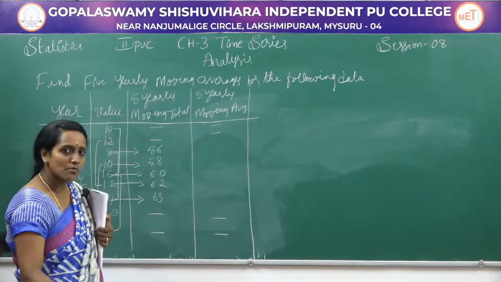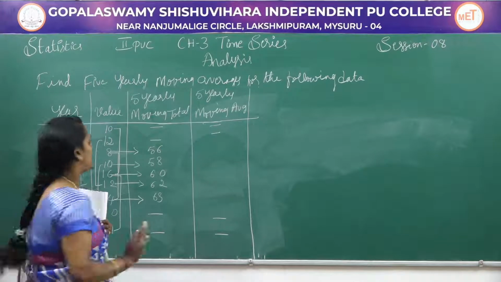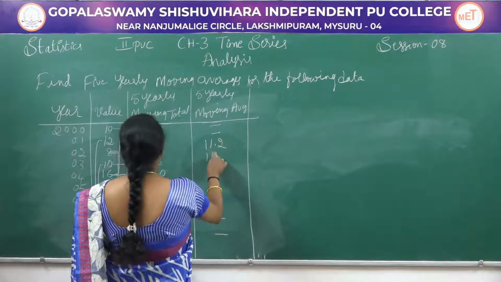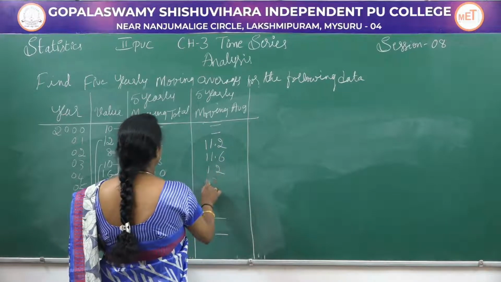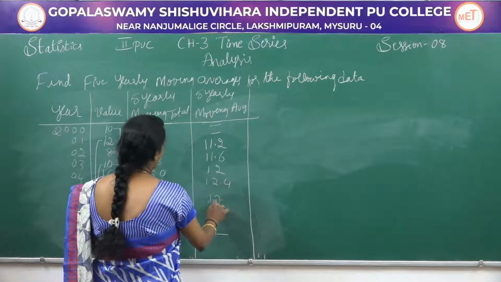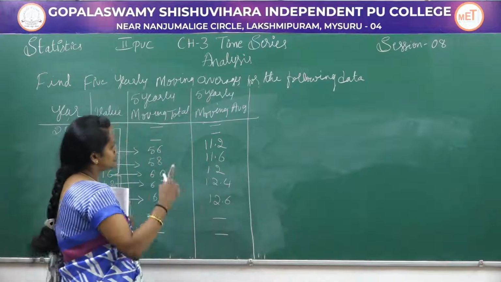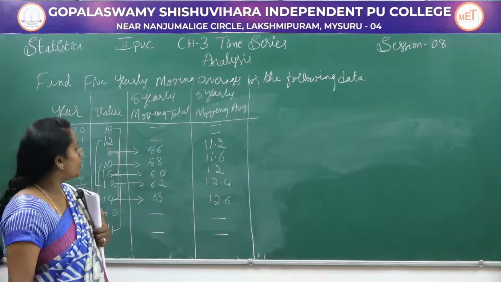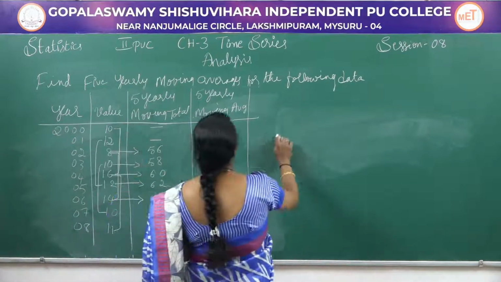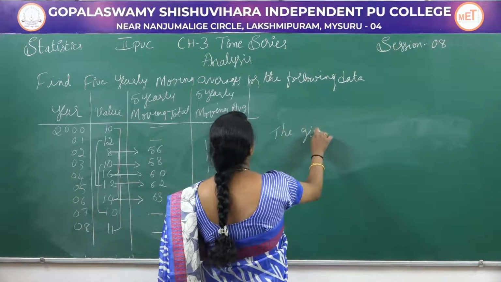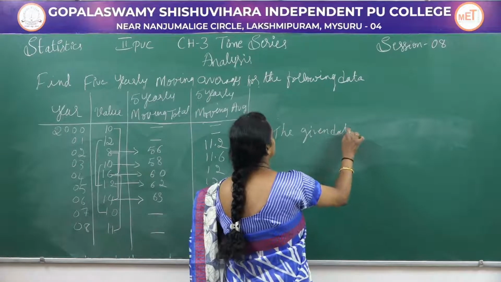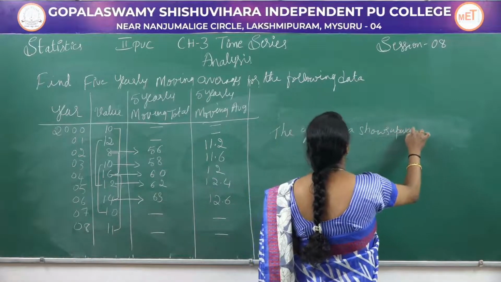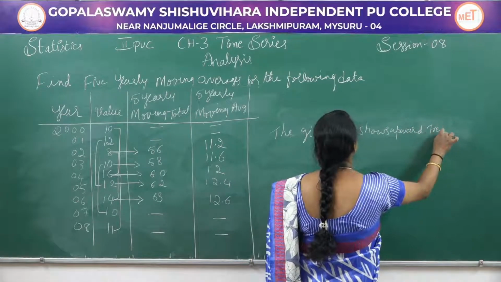So we have added 5 numbers, so we divide by 5 and you will get the averages 11.2, 11.6, 12, 12.4 and 12.6. So just observe the trend values. It is showing the upward trend that we have to write. The given data shows upward trend.